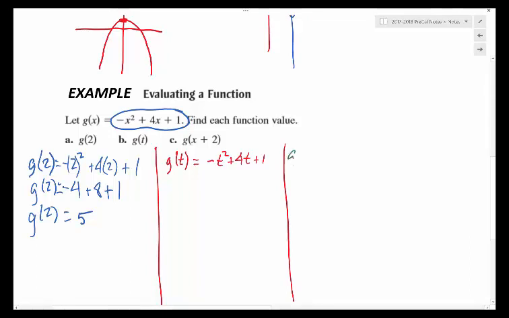So g of x plus 2 is equal to negative (x plus 2) squared plus 4 times (x plus 2) plus 1. Now I have to treat this operation like I'm foiling it.